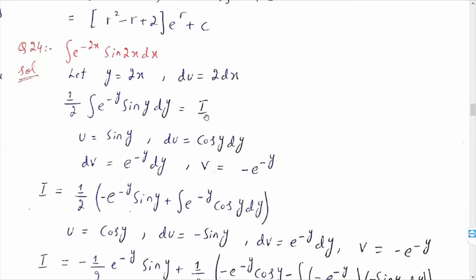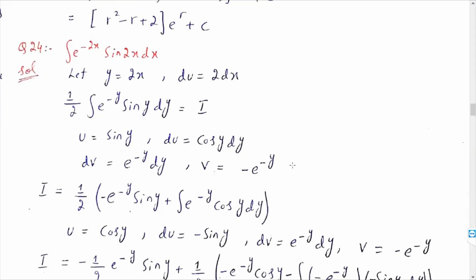Let this be equals to I. Okay. Now once again, we are getting a product of two functions. We can apply integration by parts. Let u is equals to sine y, du is equals to cos y dy. Taking the derivative of u, du equals to cos y dy, and integral of dv is v equals to minus e raised to the power minus y.